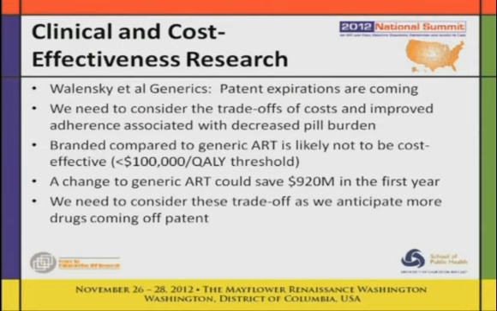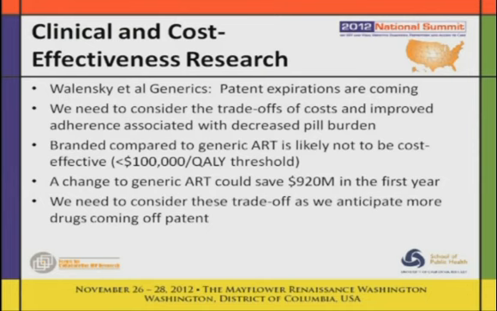Dr. Walensky looked at the trade-off of cost and improved adherence associated with decreased pill burden, but looked at the cost of the branded as compared to generic antiretroviral therapy. Once generics hit the market in the US, branded will not be considered cost effective if you're using the threshold of $100,000 per quality adjusted life year.